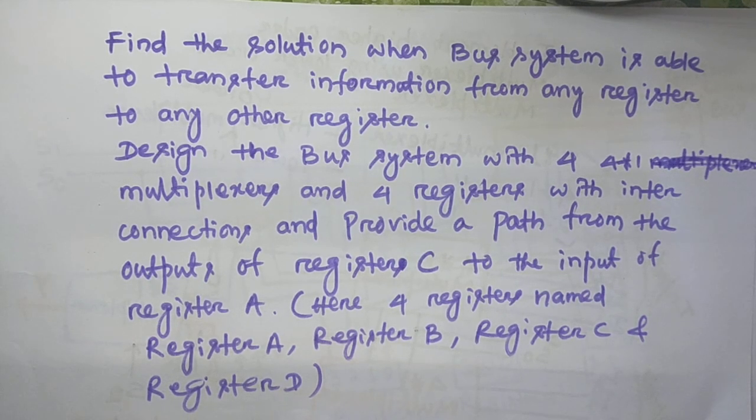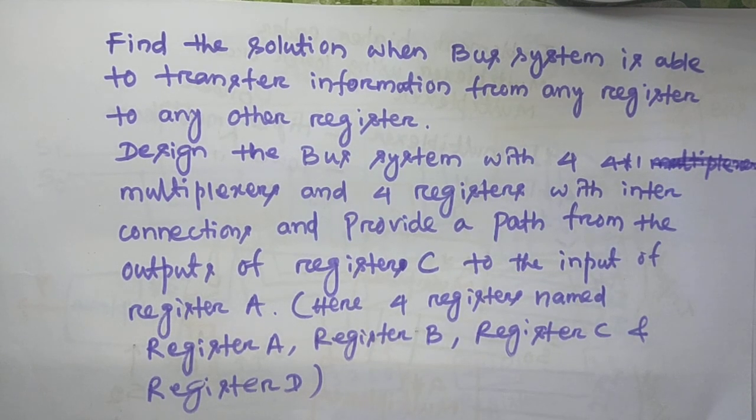Suppose the output of register C is considered as the input of register A. How will it be designed? That work I will do today, and I will solve this problem in a very easy way. I hope you can understand that part.